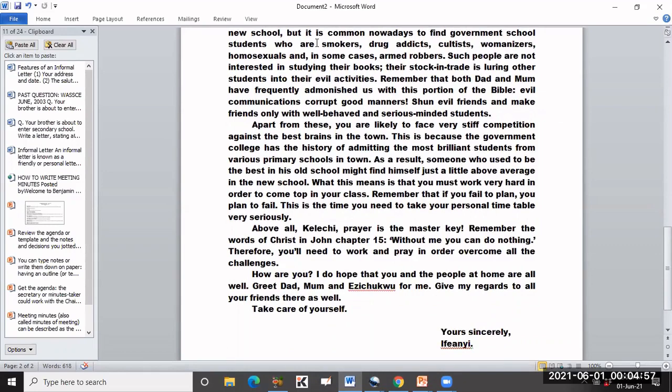Okay, so let's now go to the third point, which is stiff competition against the best brains in town. Another challenge he is going to meet. And then again, you come with the topic sentence, which is the first sentence. Well, it's not a law that your topic sentence should always come first, but at this stage of your writing career, it is always better to make your topic sentence the first sentence so that you can handle it logically, all right?